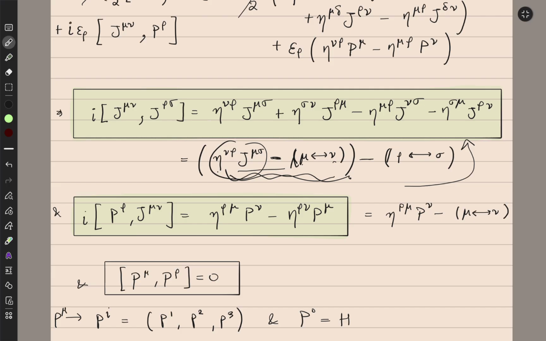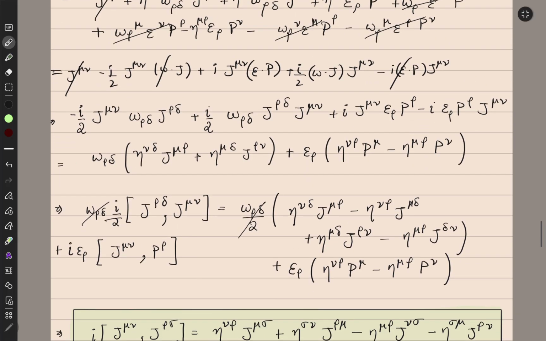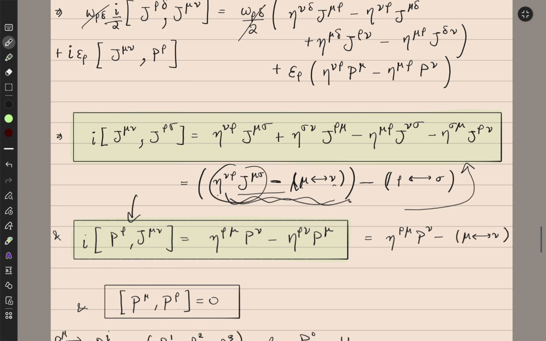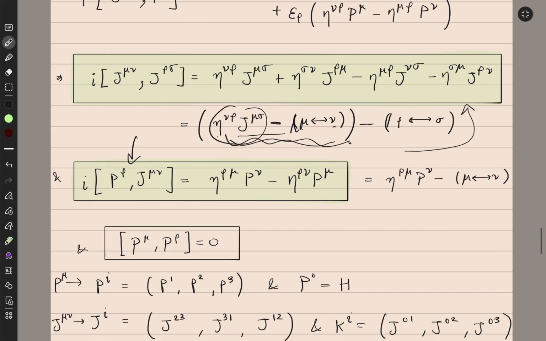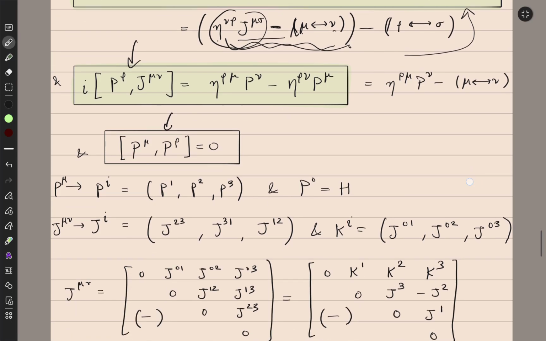That's how the generators commute, and the same thing can be found for the commutators with P from the same procedure. And of course the generators P among themselves commute, giving 0, because they are space-time translations, they form an abelian group, so they commute.